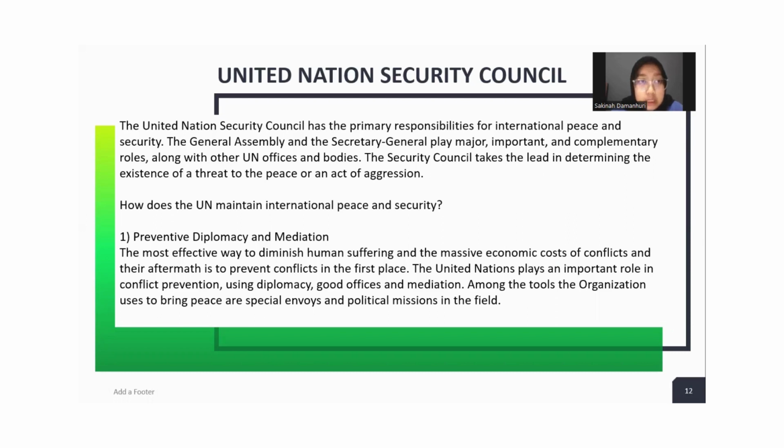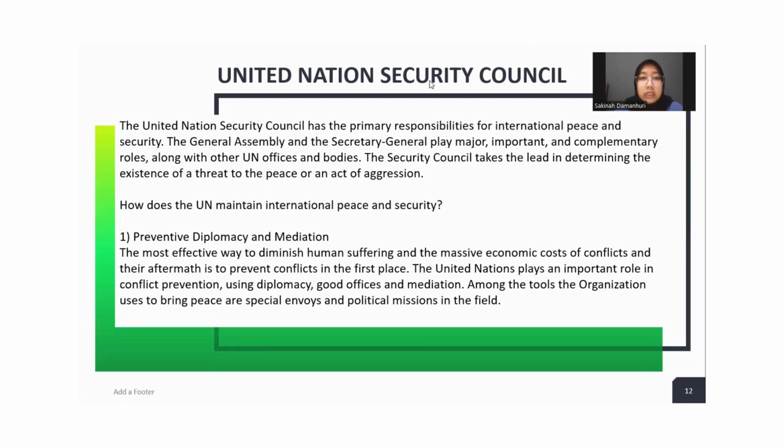The United Nations Security Council has the primary responsibility for international peace and security. The General Assembly and the Secretary General play important and complementary roles, along with other UN offices and bodies. The Security Council takes the lead in determining the existence of a threat to the peace or an act of aggression. So how does the UN maintain international peace and security?